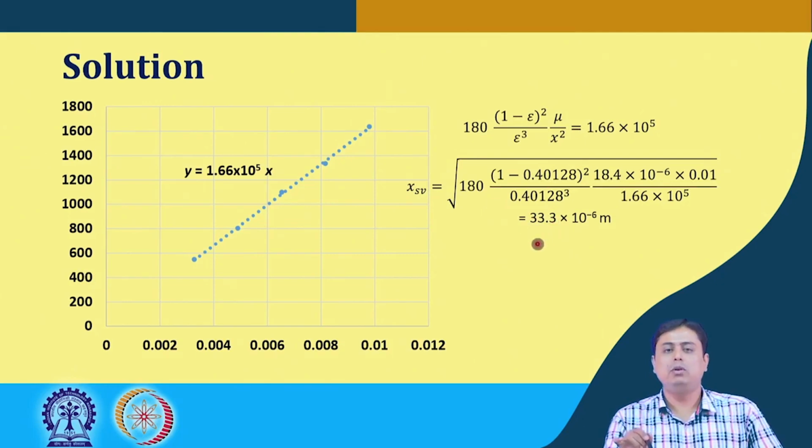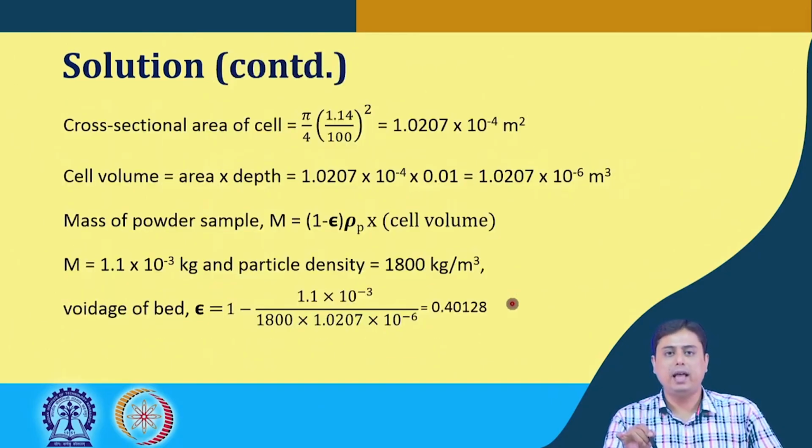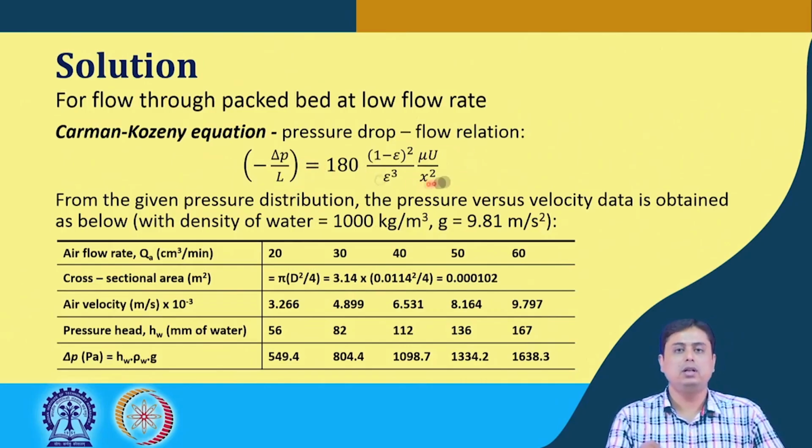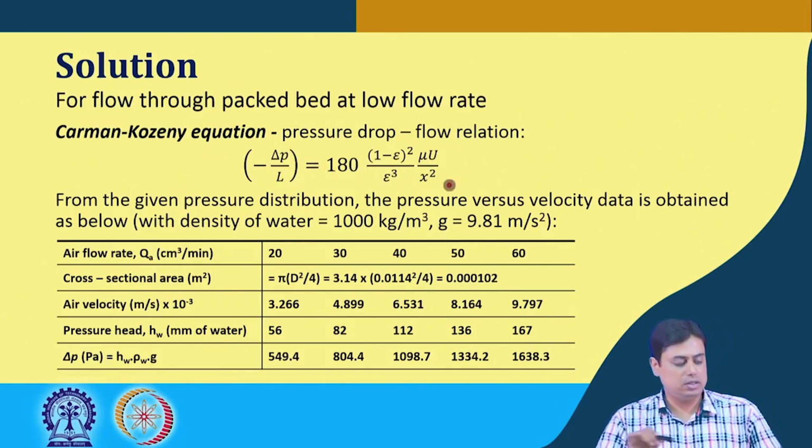You should be able to find the particle Reynolds number and check that the particle Reynolds number is really low, so that the application of the Kozeny-Carman equation is valid. So, this is the cross check you must do that I have not shown here.